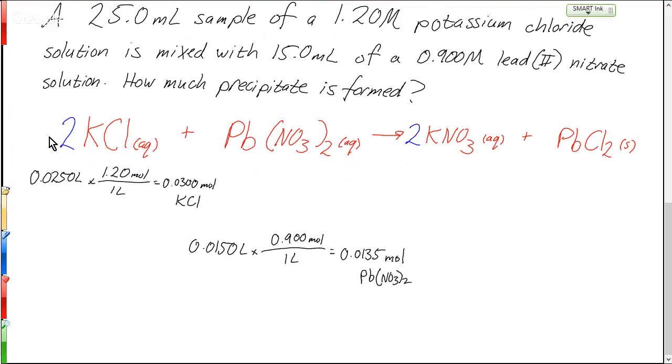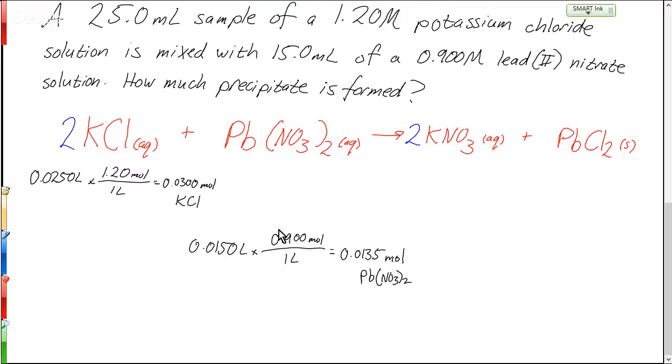The ratio in the equation tells us for every 2 of these, we need 1 of these. So we need exactly half the number of moles of this one as KCl. We have 0.03 moles of KCl. Is this exactly half, less than half, or more than half? It's less than half, right? So that means this one is in excess and this one is limiting, because we have less than what we need.